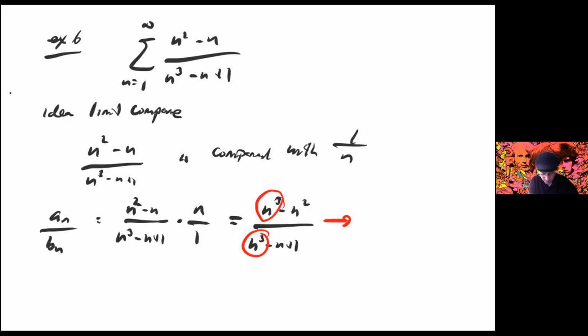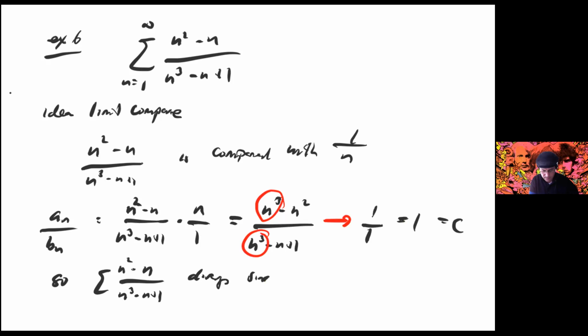So this is going to go to 1 over 1, which is 1. So that's our c. c is bigger than 0. So the series n squared minus n over n cubed minus n plus 1 diverges since summation 1 over n, the harmonic series, diverges.